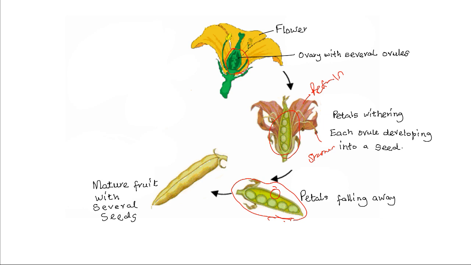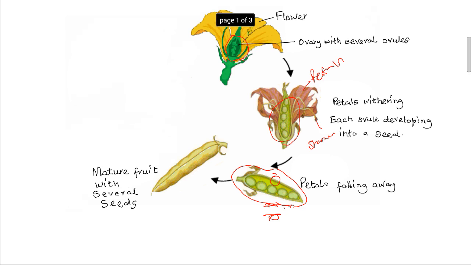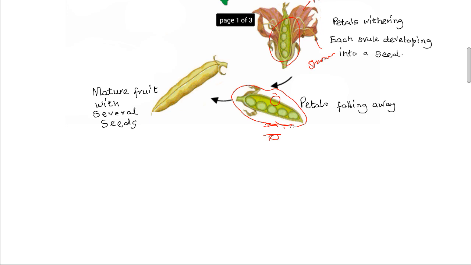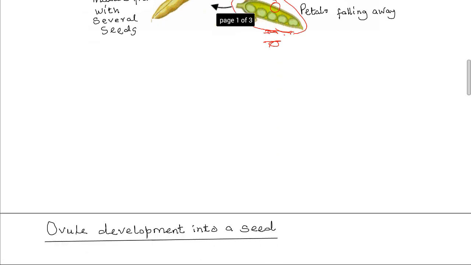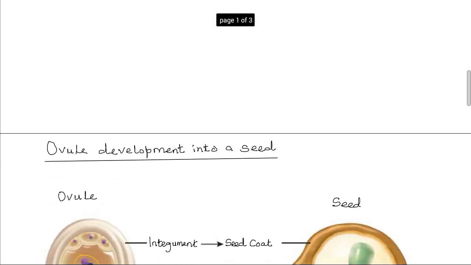So at maturity, the ovary, that is the fruit, may be succulent or it may be dry. In this particular case, this is a dry fruit. So within the developing ovary, as the ovary develops into a fruit, seed develops within the ovary.